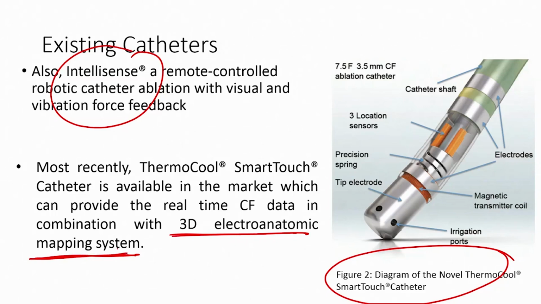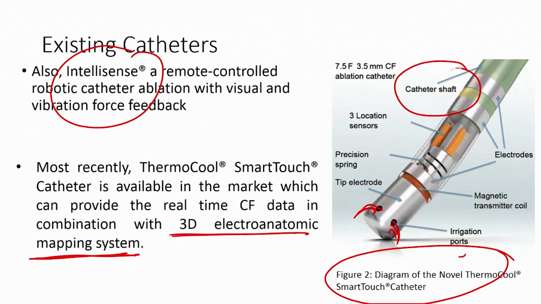So, it can not only perform the ablation, but it can also map electrical signals, 2 in 1. There are of course irrigation pores for saline to come out, right. There are tip electrodes for applying the RF frequency. There are sensors inside the catheter.